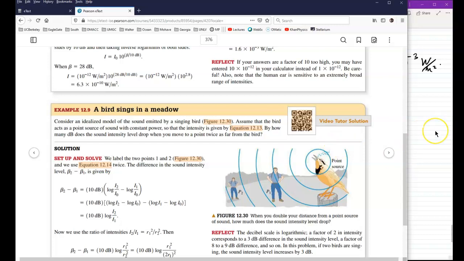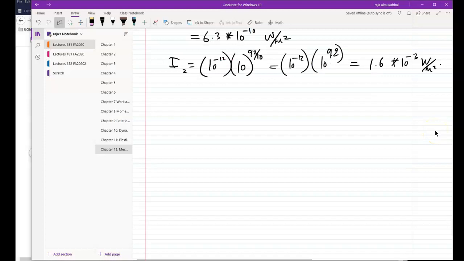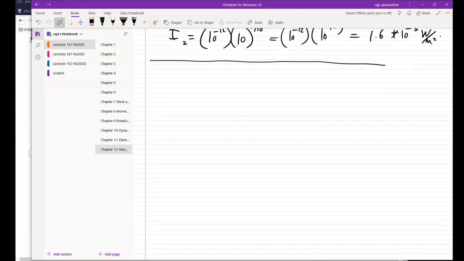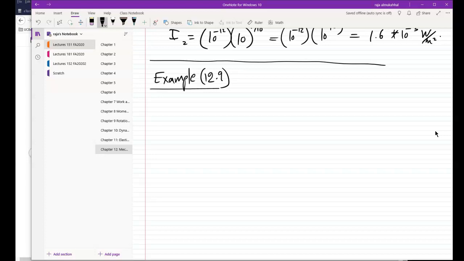First thing I want to do is draw the picture for you. Next example, 12.9. I'm not going to draw a bird with two guys standing there. I'm just going to draw a source. So here is the birdie, the sound source, and here are the spherical waves.